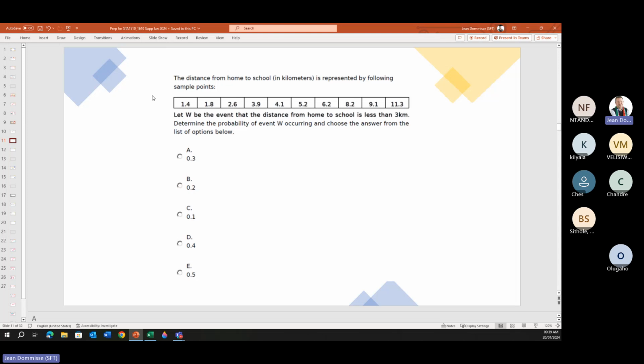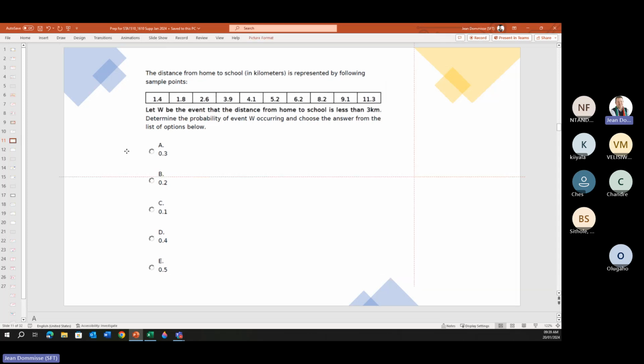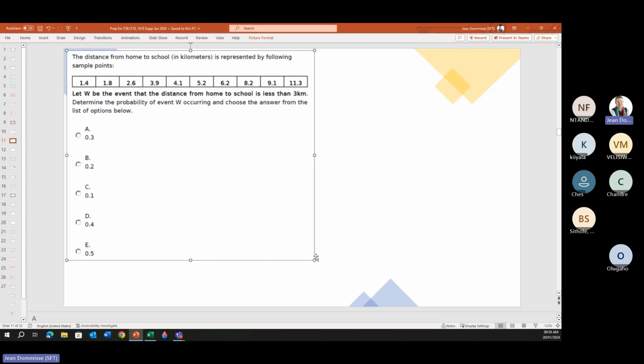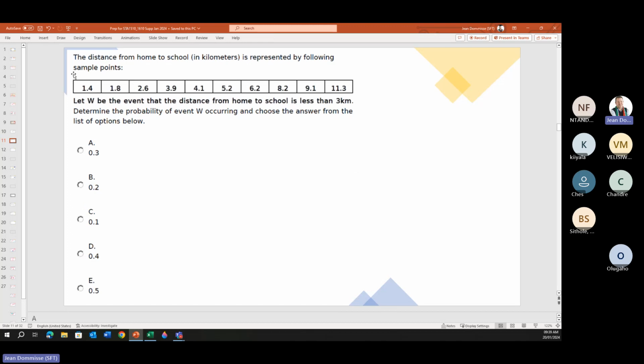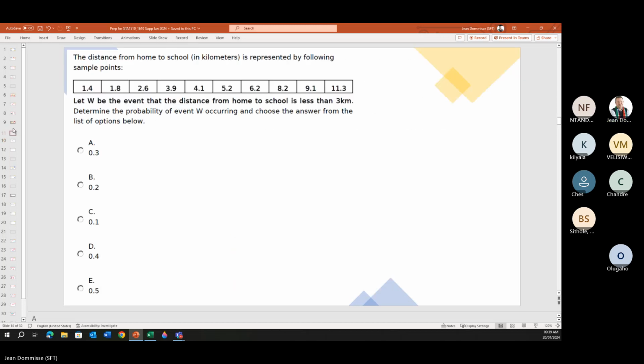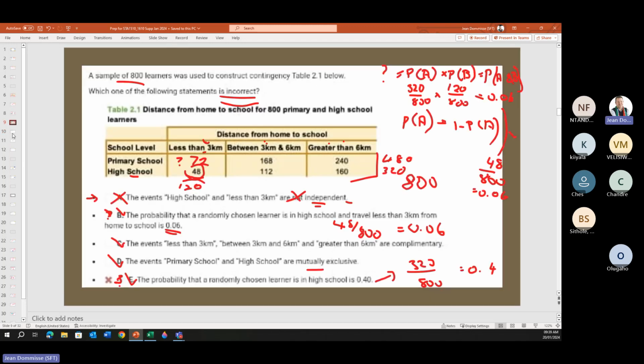With discrete, we can have a few different things that they ask. So let's check this one. The distance from home to school. Okay, no, oh sorry, this is a probability question. So let me move it with the probabilities.